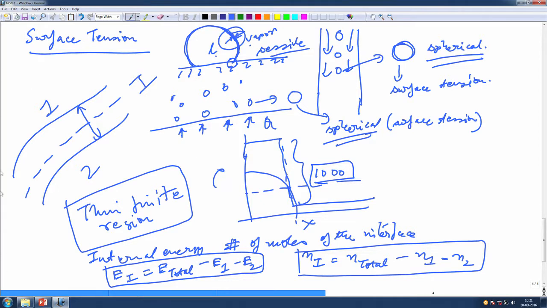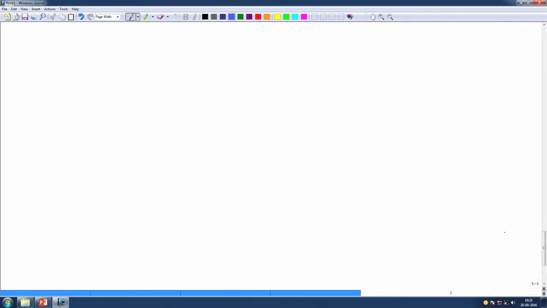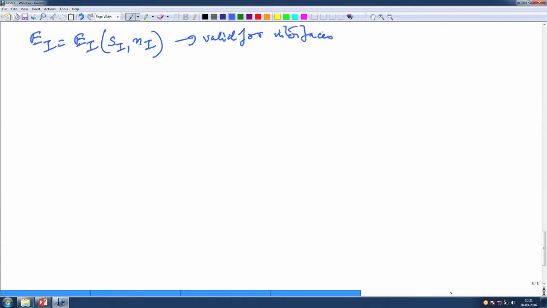Now, let us go to the next slide, and EI therefore is a function of both SI, that is the entropy, and the number of moles of the interface, which is valid for interfaces of fixed shape and they are flat.